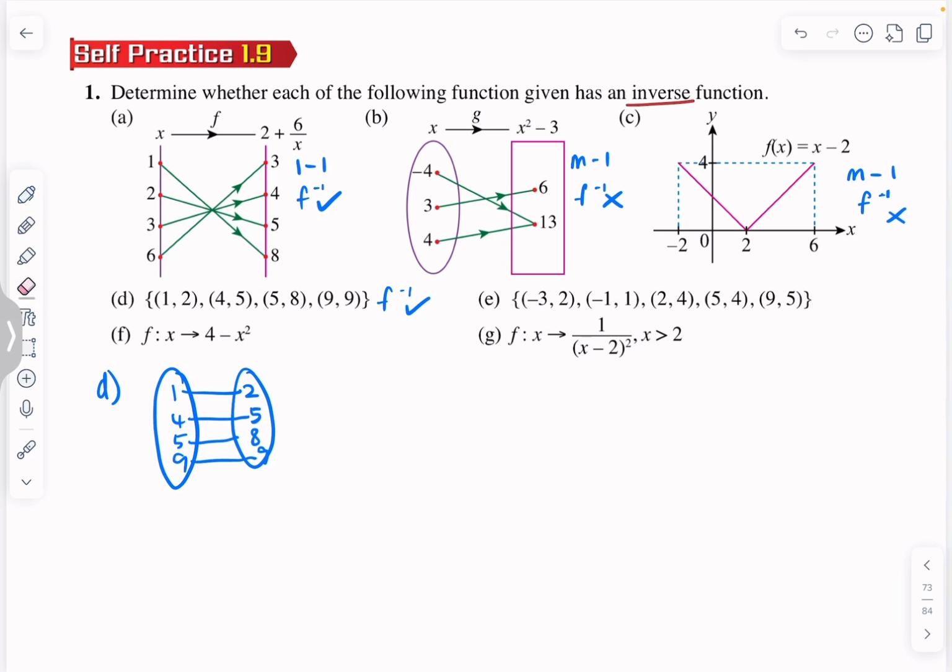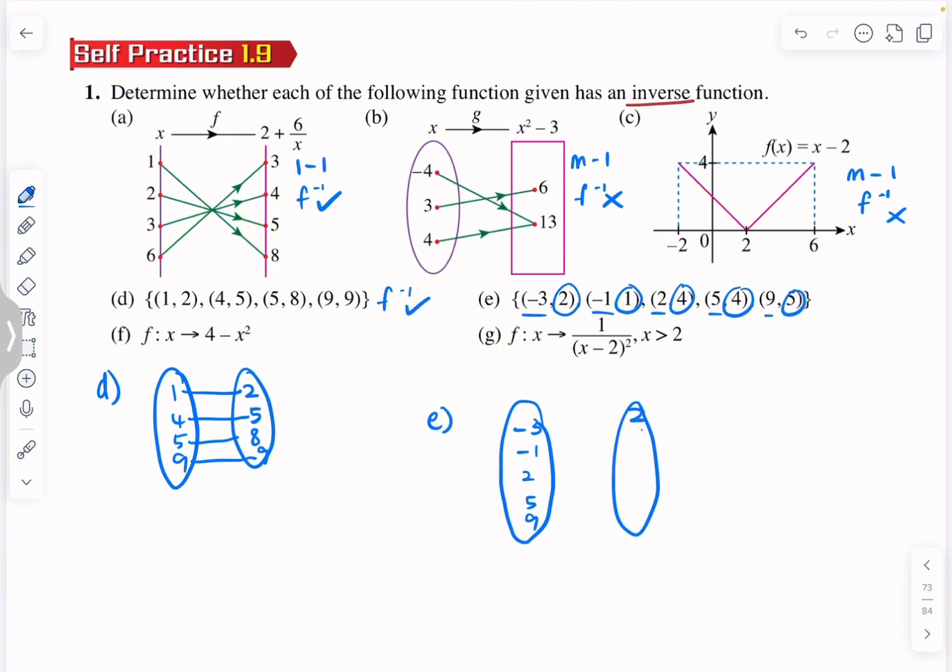And then E. Again, same thing. -3, -1, 2, 5 and 9. These are all the objects. And then all the y will be the images. So 2, 1, 4 and 5. 4 repeats, so no need to write twice.